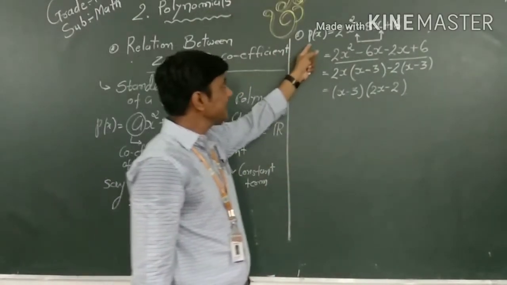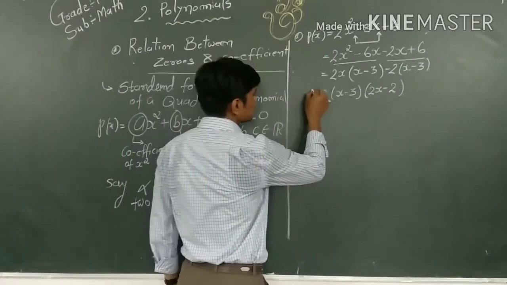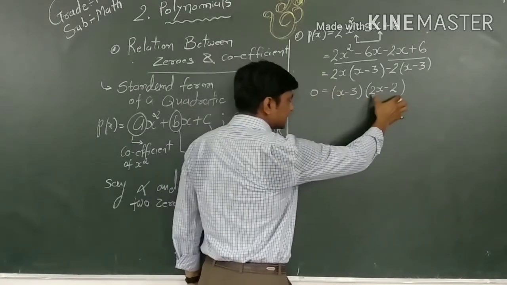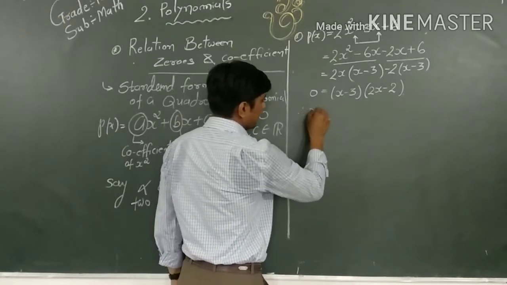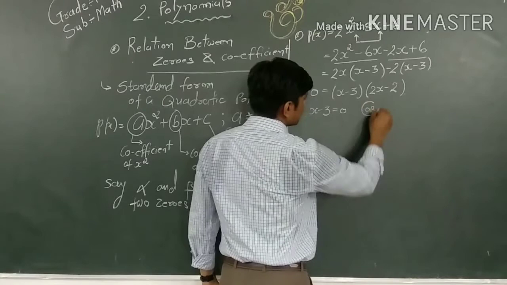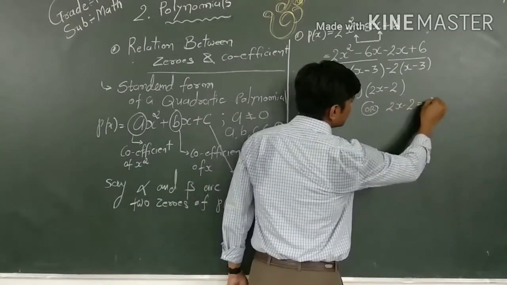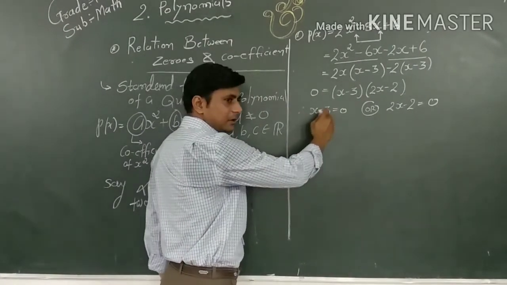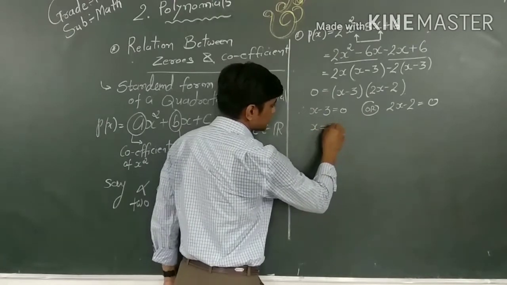If we take p of x equal to 0, then what happens? Either this factor may be 0 or that factor may be 0. Therefore we write x minus 3 equal to 0 or 2x minus 2 equal to 0. Now transfer minus 3 to the opposite side, it becomes positive.